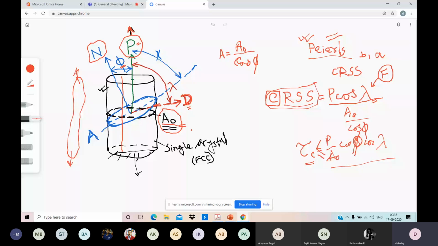On that plane also there will be no shear stress, because basically you are stretching the atoms in that plane.